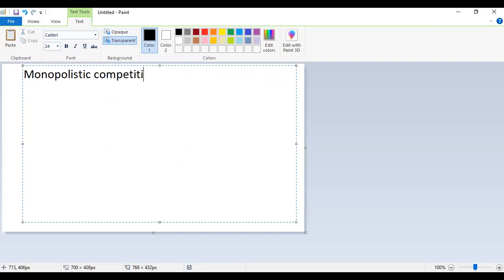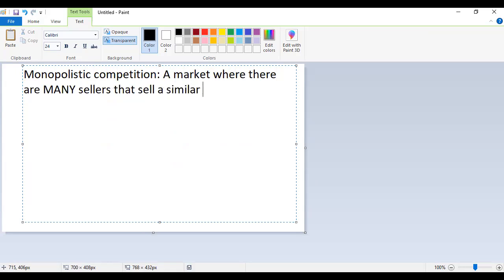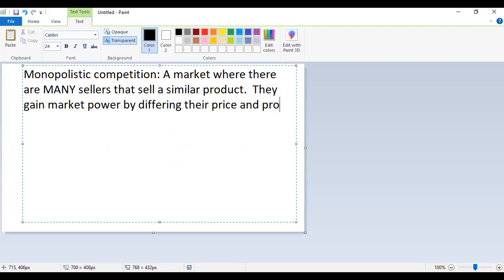Monopolistic competition is a market where there are many sellers that sell a similar product. They gain market power by differing their price and product attributes.